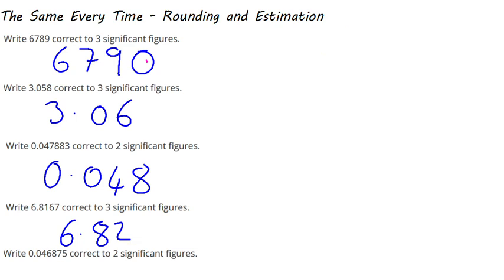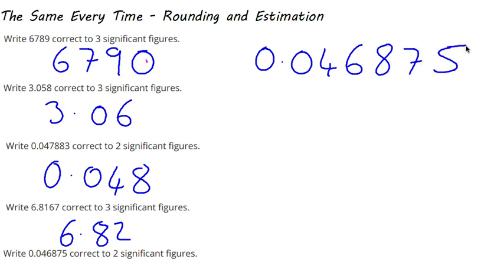So the last question. We've got fairly similar questions to the one we did a moment ago, but let's have a look at it. 0.046875, and this one is to two significant figures. So starting from the left-hand side, the zeros from the left do not count as significant figures. There's the first significant figure, there's the second significant figure.